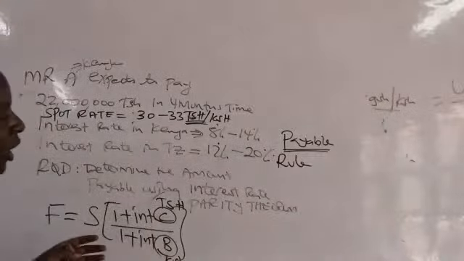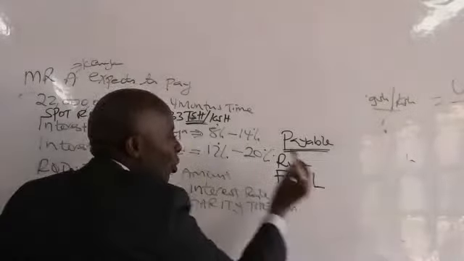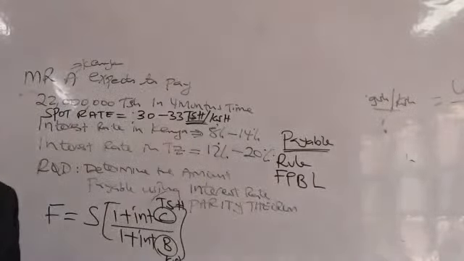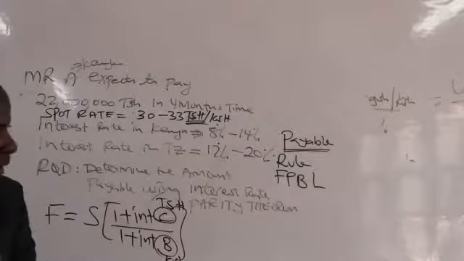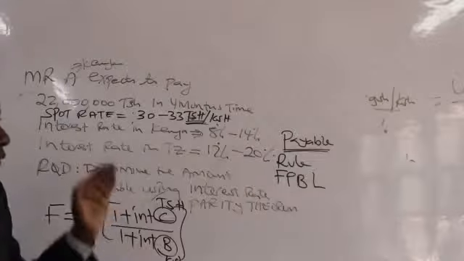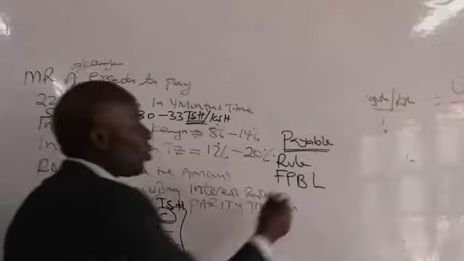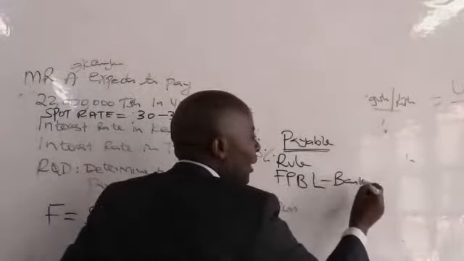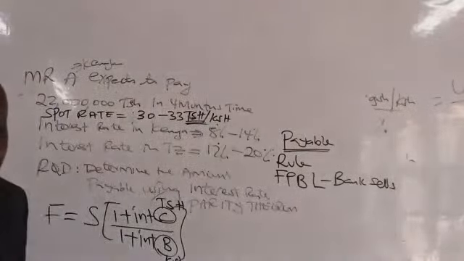The rule is: foreign payment, borrow local. And then the bank does what here? The bank sells. That is the rule.